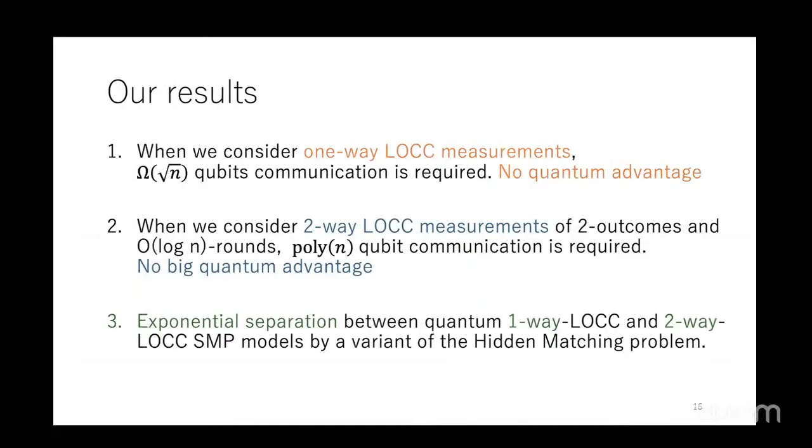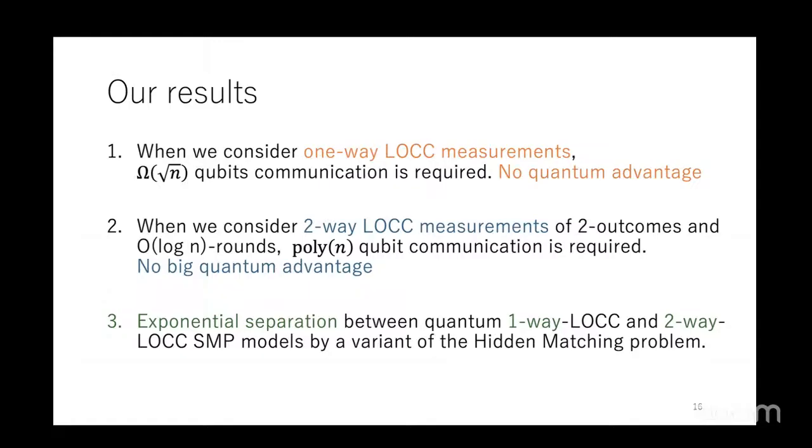In our work, we consider some restricted types of LOCC measurement. First, when we consider one-way LOCC measurement, then root n qubit communication is required. So there's no quantum advantage in this setting.